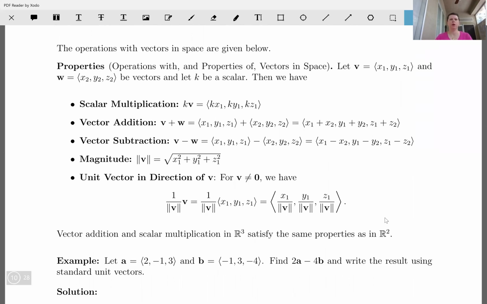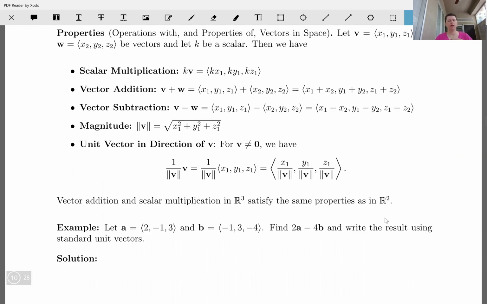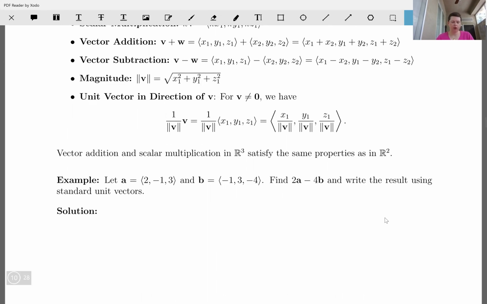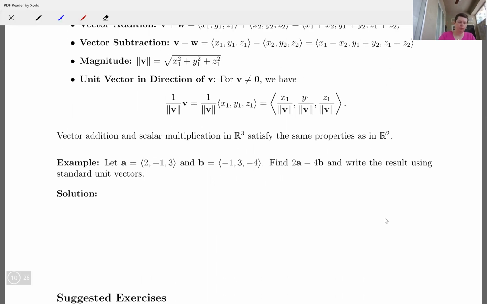And to normalize, we divide our vector v, if it's not 0, of course, by the magnitude of it. And all of the properties for vector addition and scalar multiplication that we already talked about are satisfied by vectors in R3. So I think we will conclude this video with one short example.